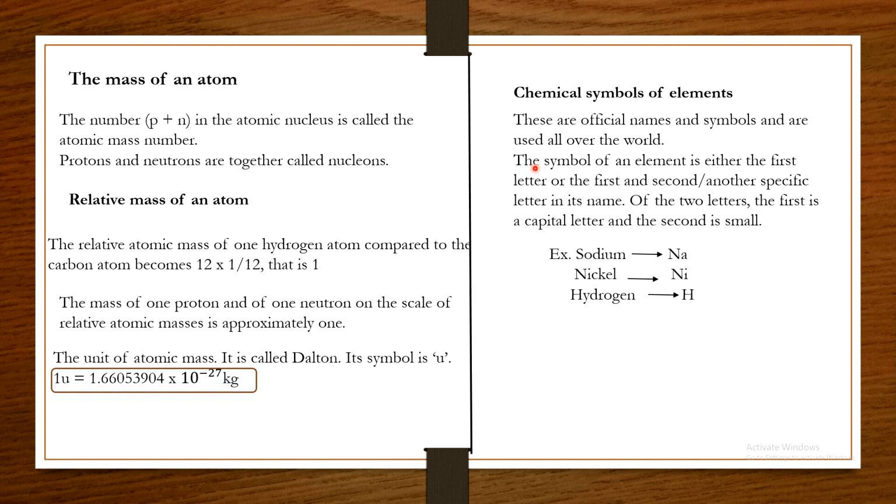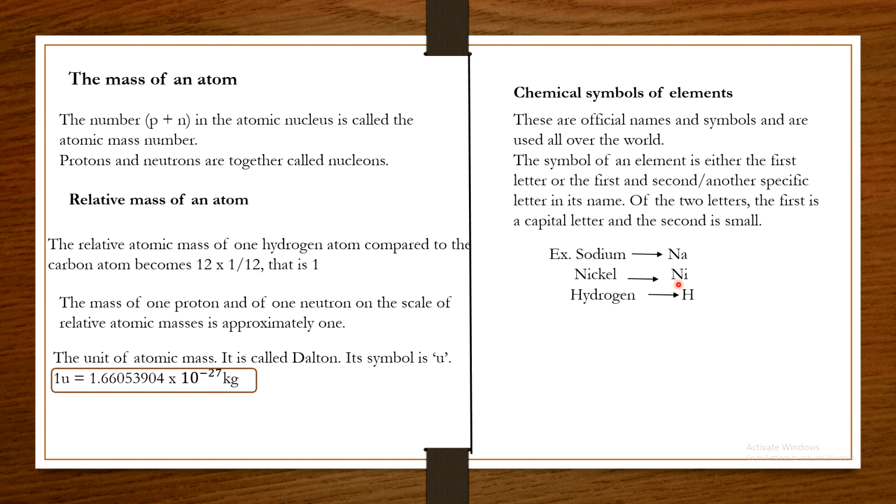Okay, so how to write the chemical symbols of an element? Here the symbol of an element is either the first letter, or if the first letter is the same, then we compare the second letter. We write the first letter in capital and the second letter in small. For example, sodium has the symbol Na.